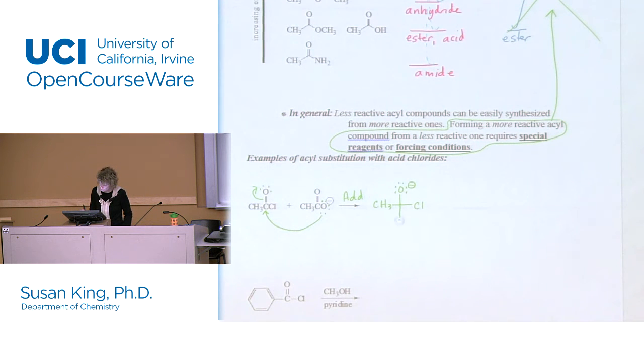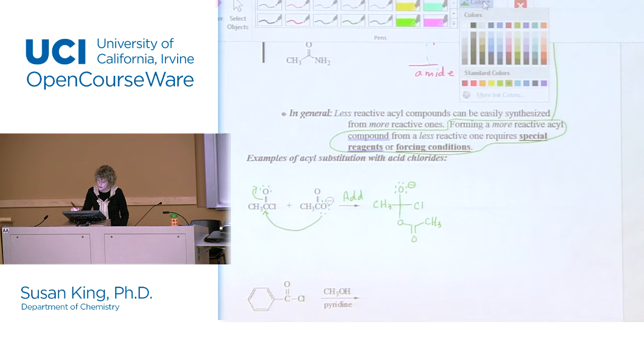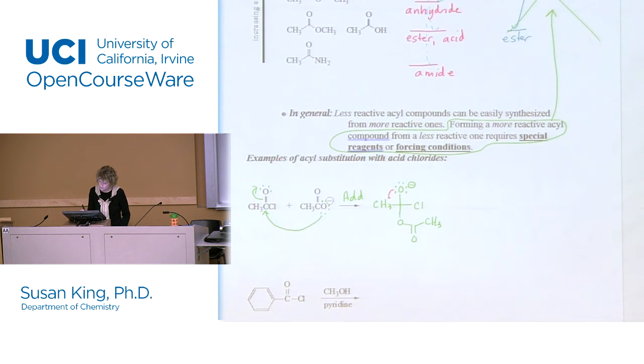So let's look here. We have this. What's the best leaving group? Chloride ion is the best leaving group. The pKa of its conjugate acid is -7. It's going to come off like a shot. That's really going to be a fast reaction.